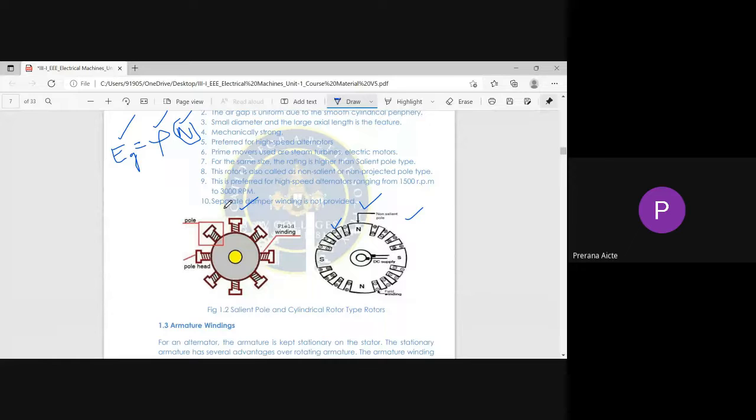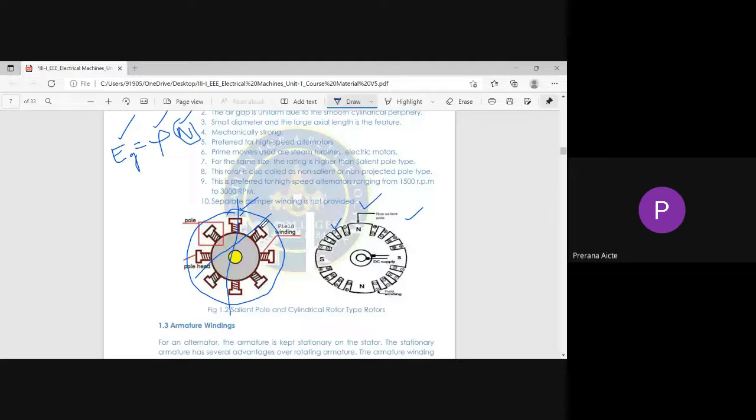The outer surface is the stator. Along the pole axis the air gap is less, and in between the poles the air gap is more. So there is a non-uniform air gap between the rotor and stator in a salient pole synchronous generator.